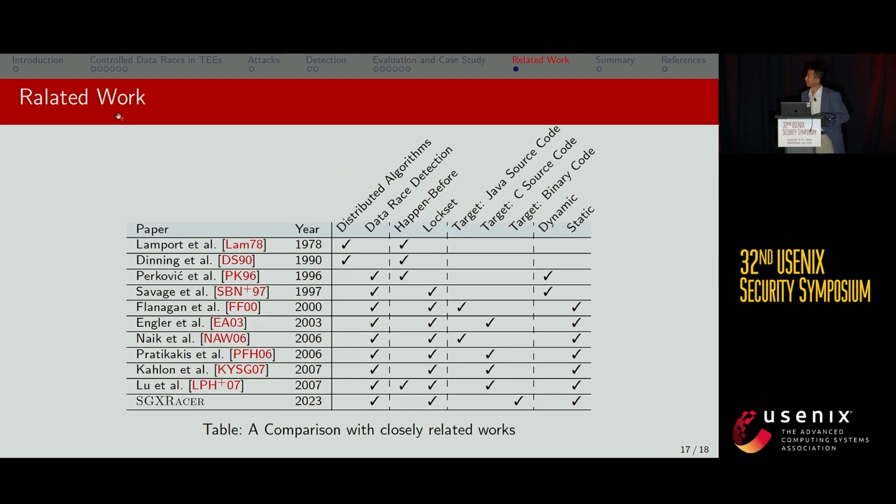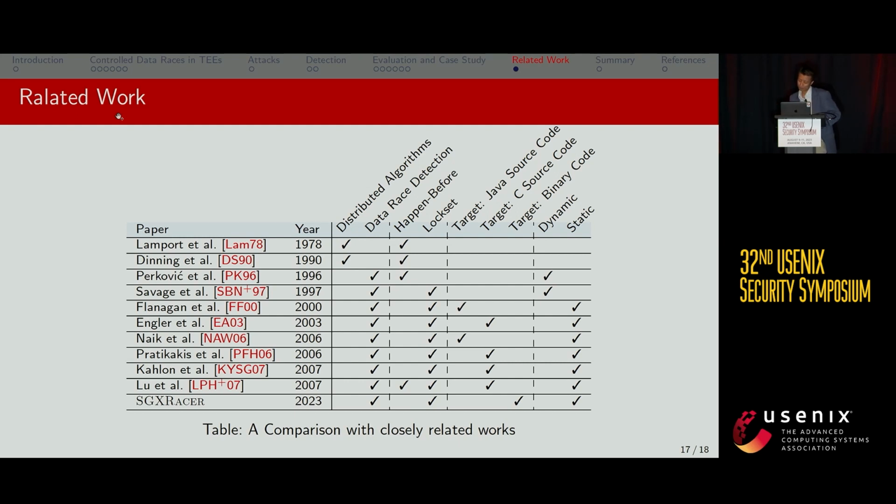And we compare our work with related works along several dimensions. One is that at the beginning, maybe the 1970s, it was distributed algorithms, and later they moved to practical data race detection tools. Another dimension is happens-before versus lockset. Our detection is lockset-based.